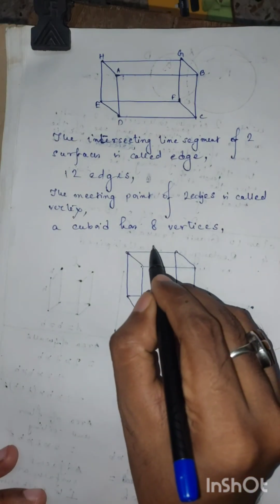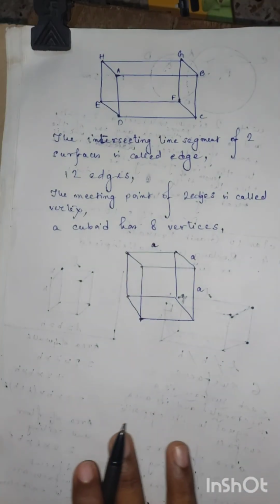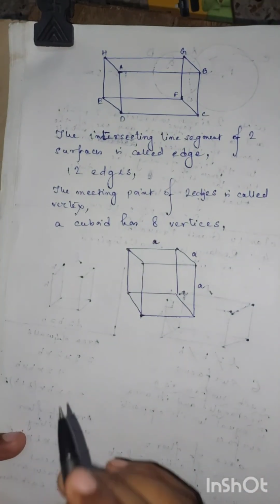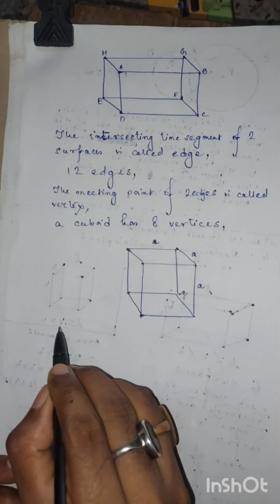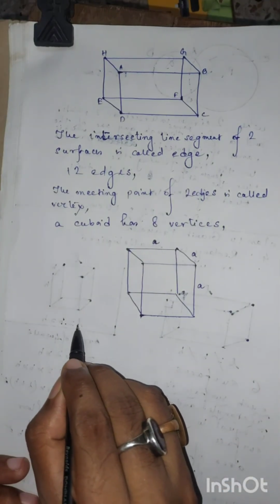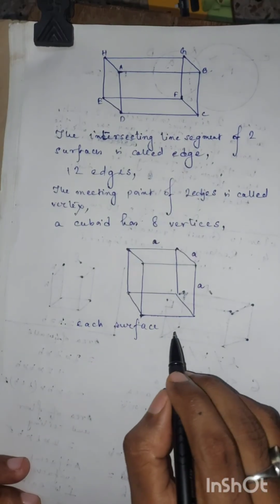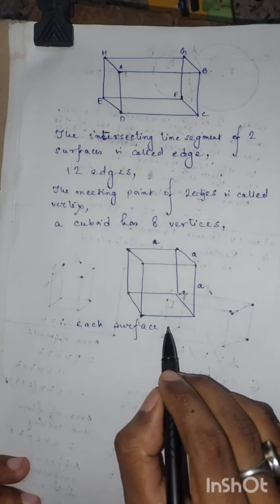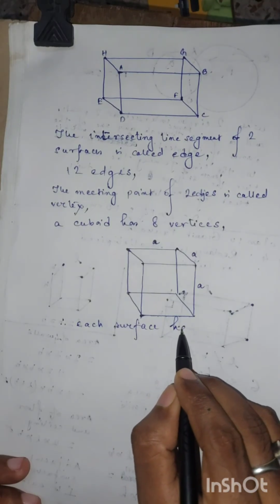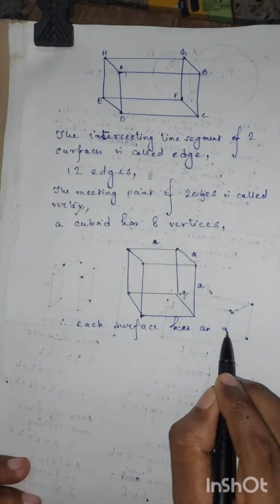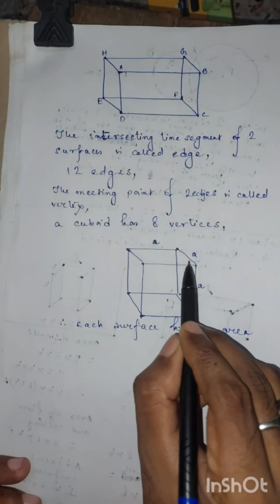Let us assume this is length a, this is also a, and this is also a. Therefore each surface has an area equal to side into side.